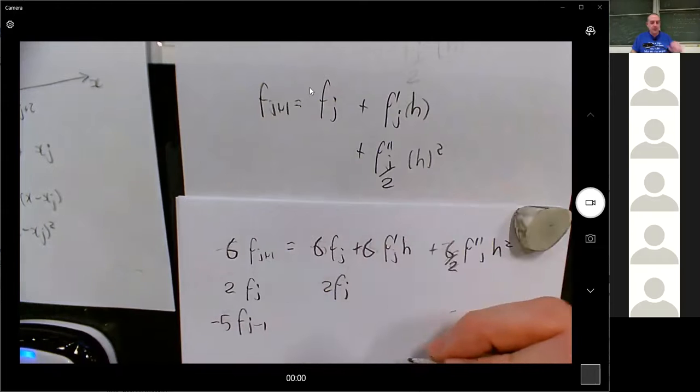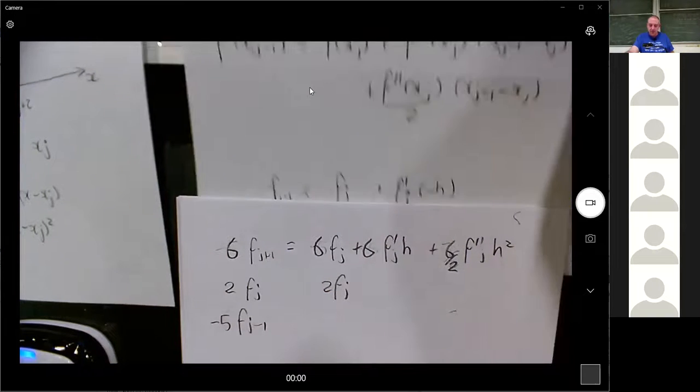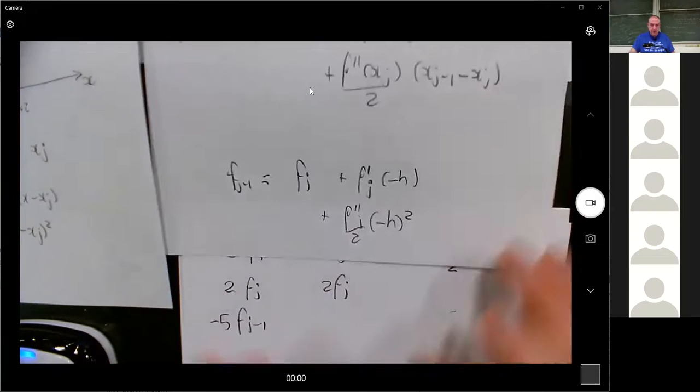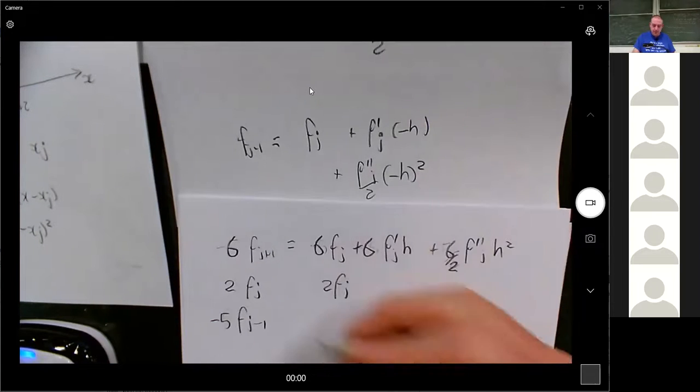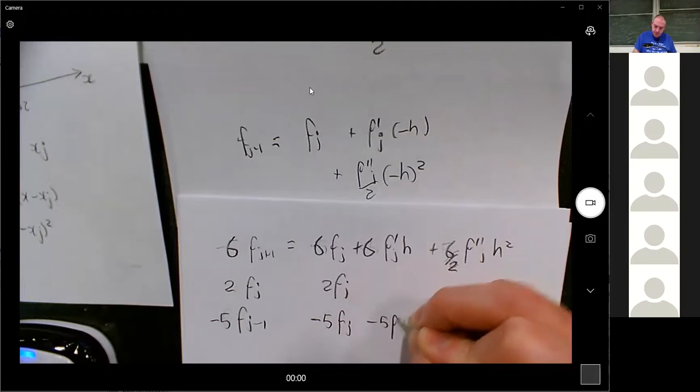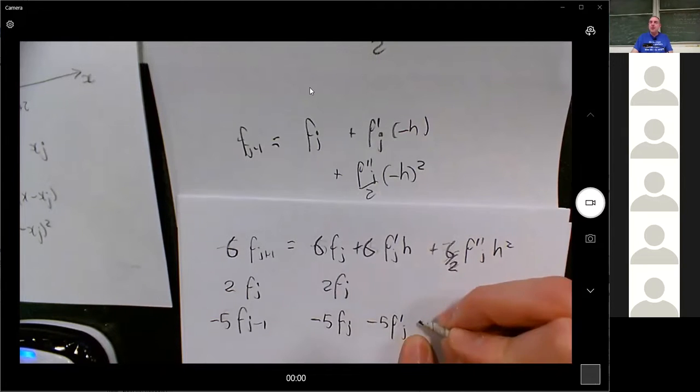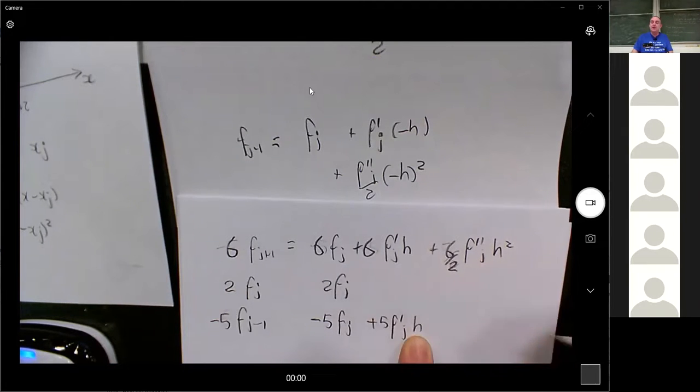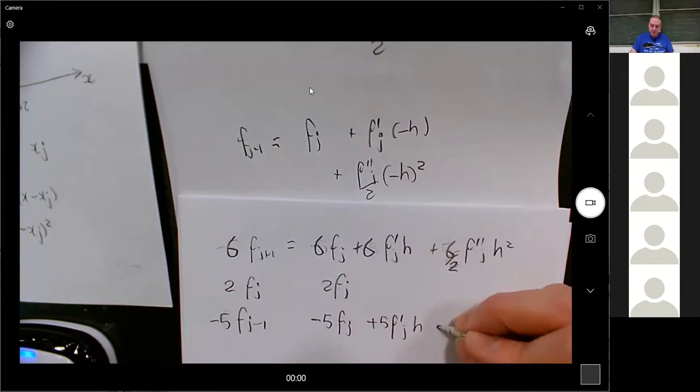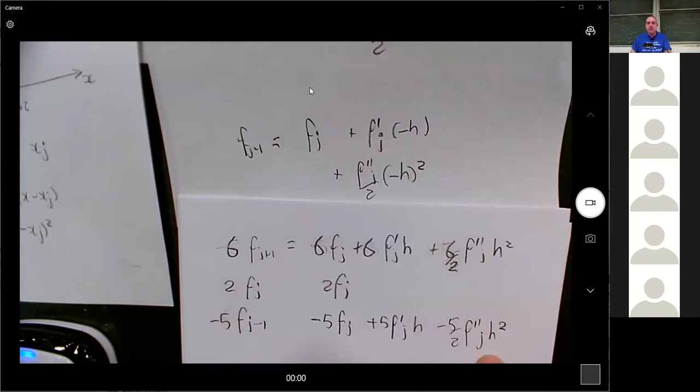So minus 5 of fj minus 1, fj minus 1 is this one. Now that's times minus h, so it'll be a plus 5 now. Just there's a minus h. And minus h squared is h squared.